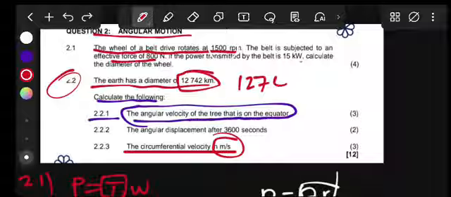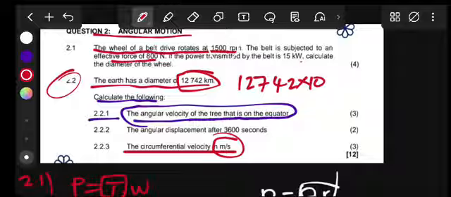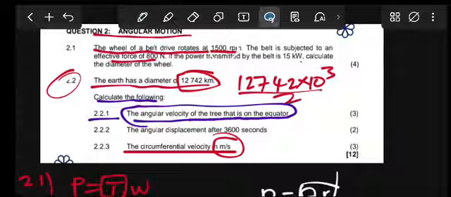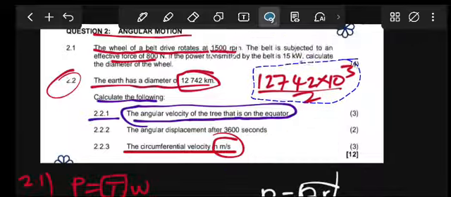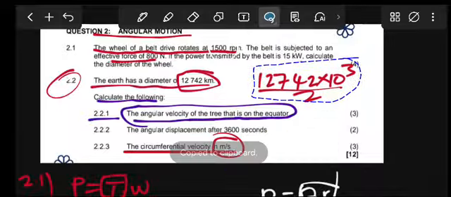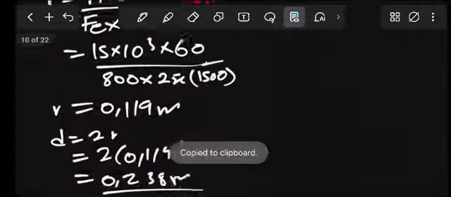1,274 kilometers, which is times 10 to the power of 3. Then we divide this by 2. If we divide this by 2, it will simply equal our radius.